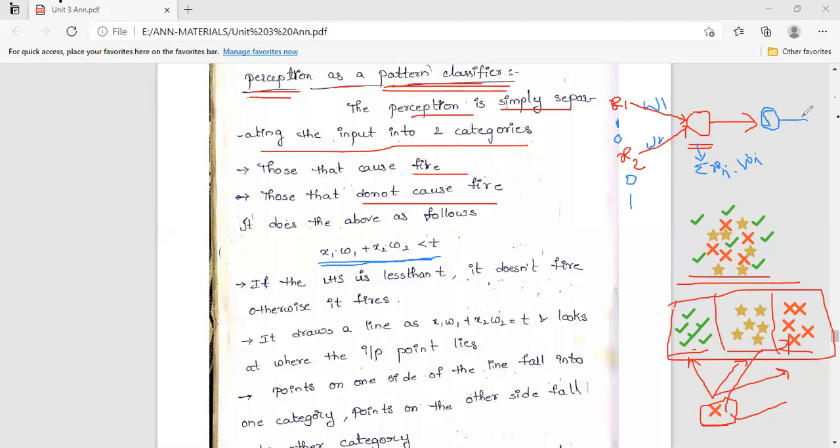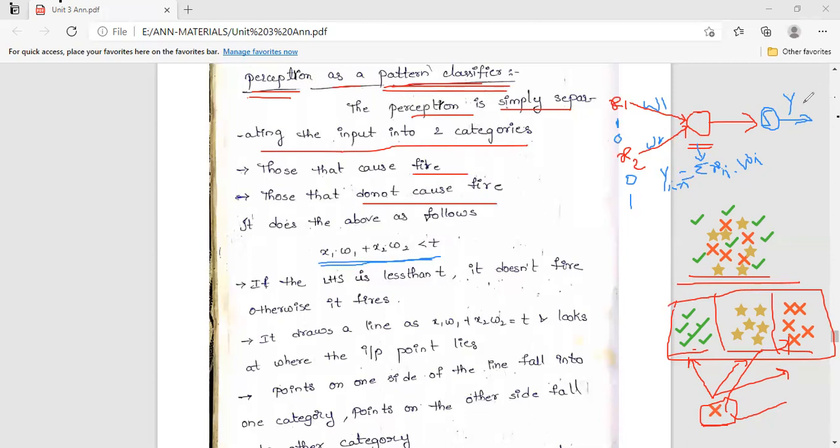After a threshold function, assume that the output is y. Already you know that y equals f of yn. What is yn here? This formula is yn. So what is y out?